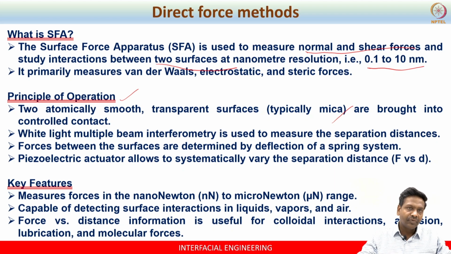The moving surface will be attached to a spring system. So when these surfaces are brought together in very close proximity, that is at a separation distance of, let's say, a few nanometer, there will be molecular forces or atomic forces that will cause the deflection in the spring system. By determining this deflection, one can calculate the information about the force.